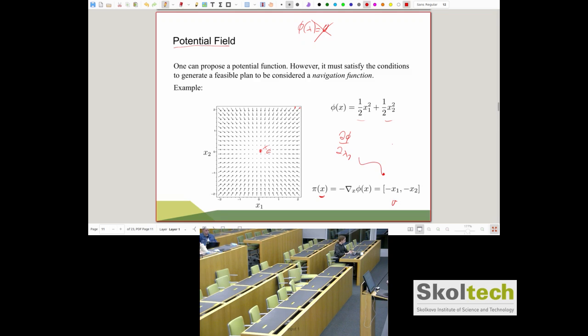Still, we need to design these potential functions, and no one is giving us any guarantee that it's going to work. But for this kind of open space region, this works. Any initial point, any initial configuration, if we follow this policy, is going to result in achieving the goal. Okay?